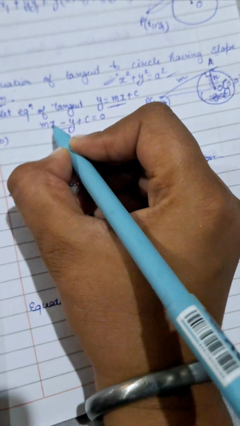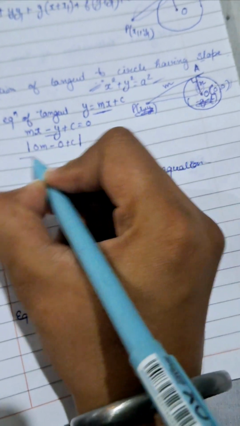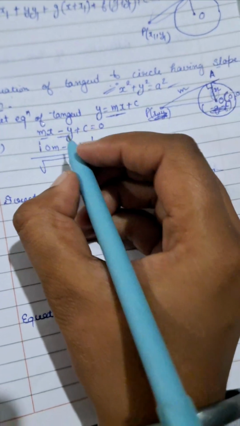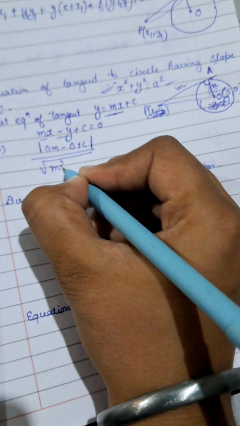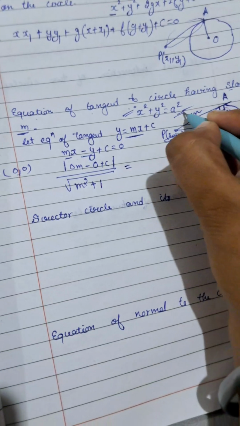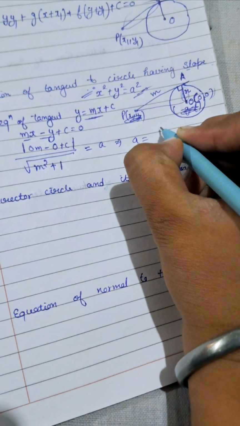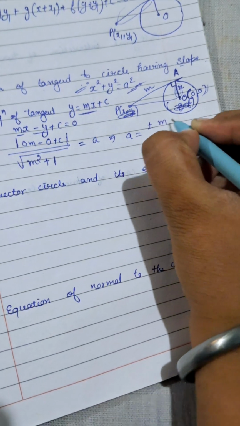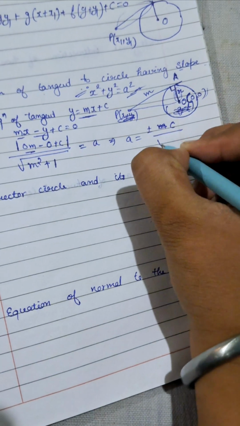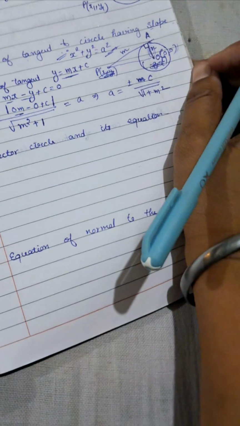By putting the values: mod of 0m minus 0 plus c divided by square root of coefficient of x square, m square plus 1, which is equal to the radius. According to this equation, radius is a, so we get the value of a as plus minus c divided by root 1 plus m square.